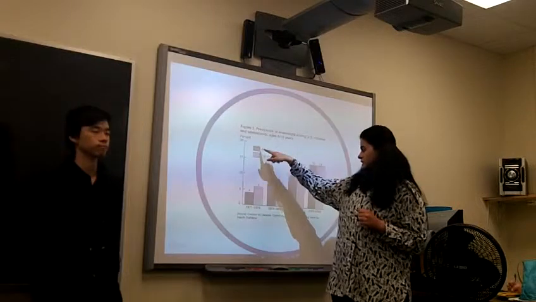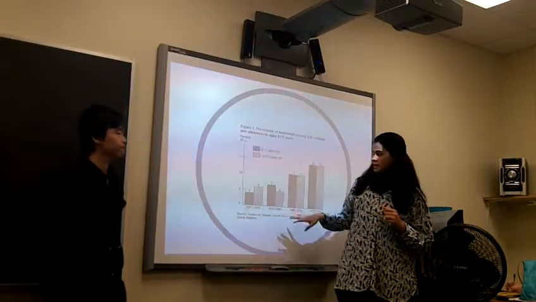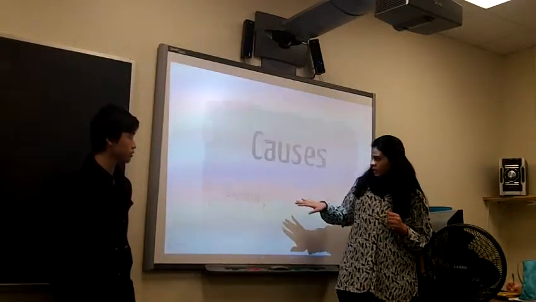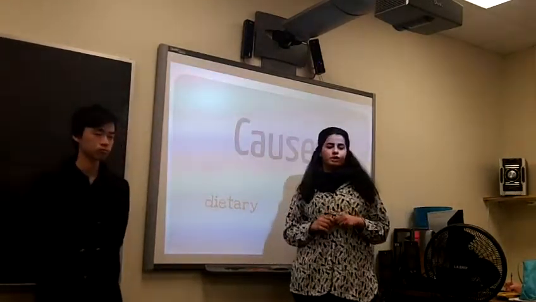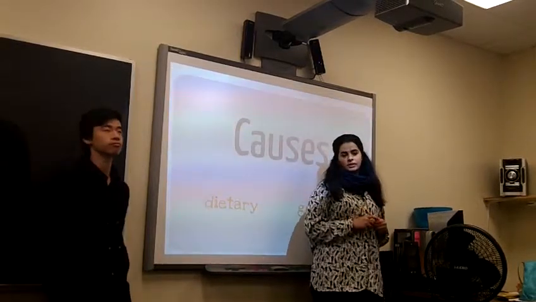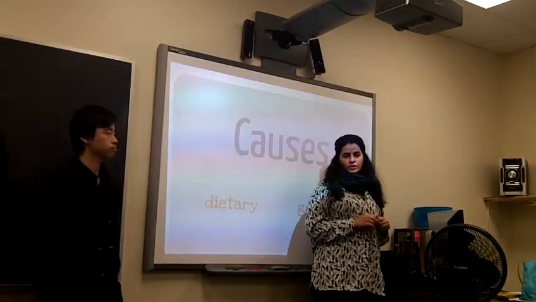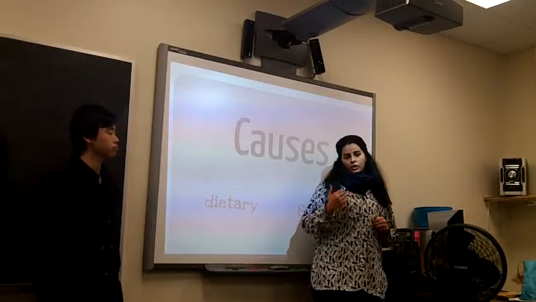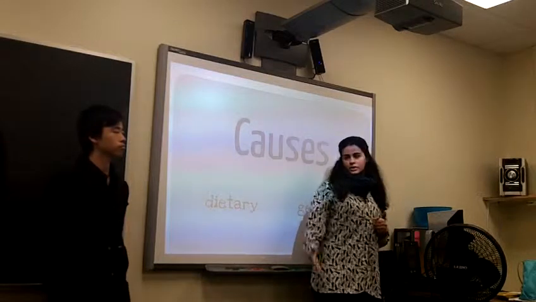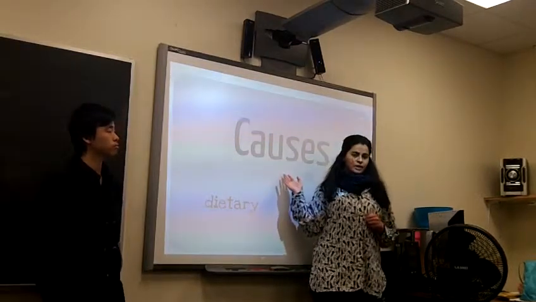This is a massive number. We have to know that childhood obesity has causes and effects that we should know and understand, so we can stop it. That's just our introduction. Here's Jerry, who will explain the causes.